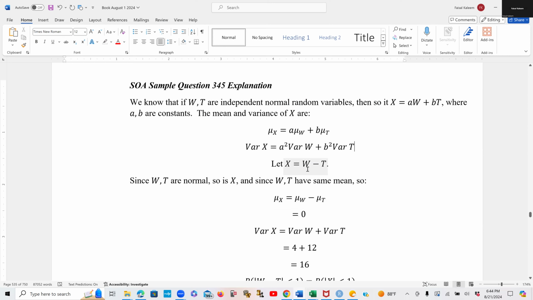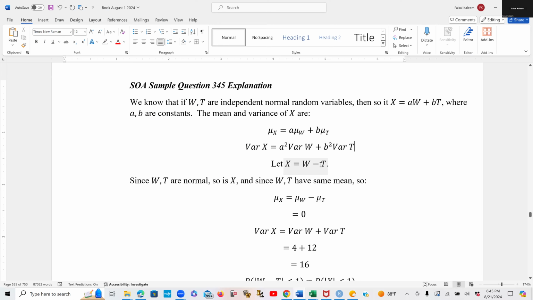And variance of X would be, so we can recall this formula that variance of a linear combination. So if X was AW plus BT, then the variance of X would be A square variance of W plus B square variance of T. And in this case, A is 1, A is the coefficient here, and B is -1.